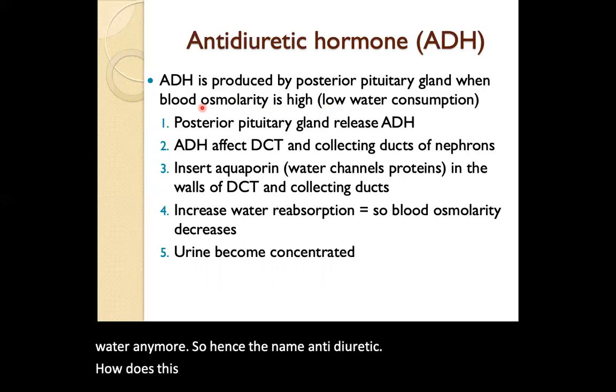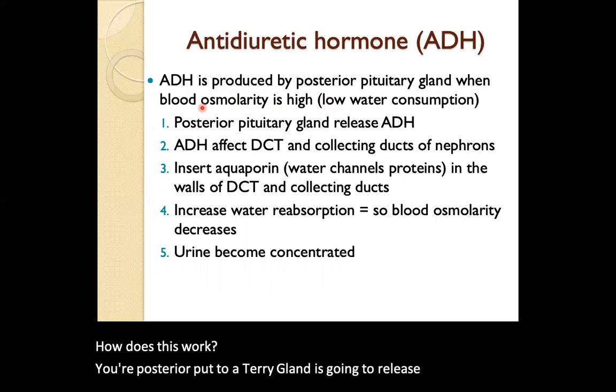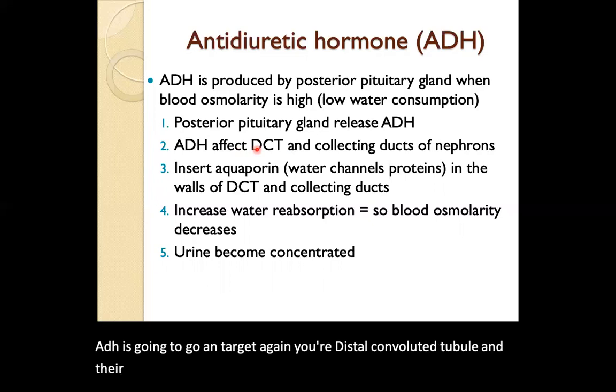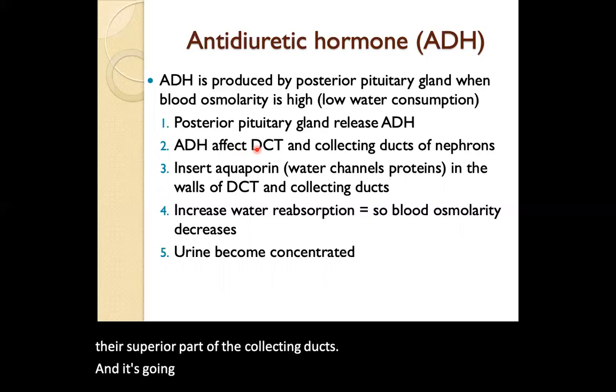Your posterior pituitary gland is going to release the hormone ADH. ADH is going to target again your distal convoluted tubules and the superior part of the collecting ducts, and it's going to insert what we identify as aquaporins.